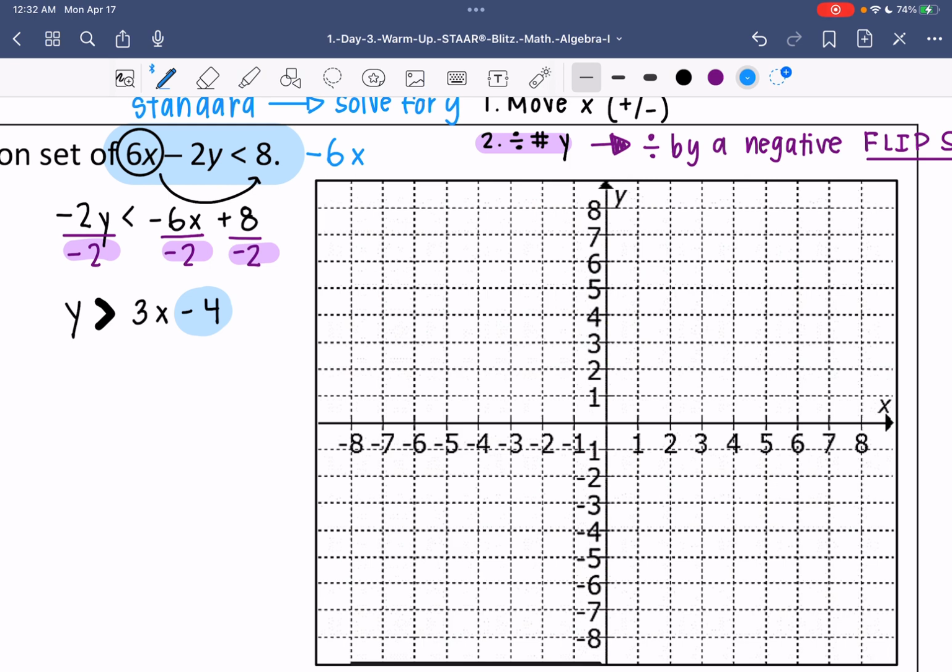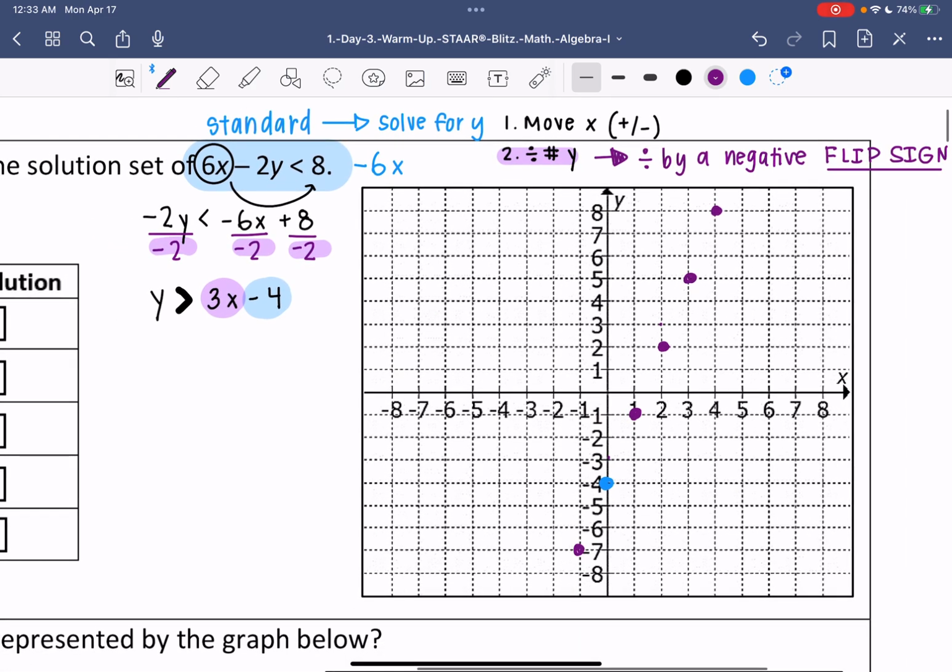So I'm going to start at negative 4, and then my slope is 3. This means I'm going to rise 3 from the y-intercept and run 1 to the right. Rise 3, run 1, and you just continue until you fall off the page or the graph.